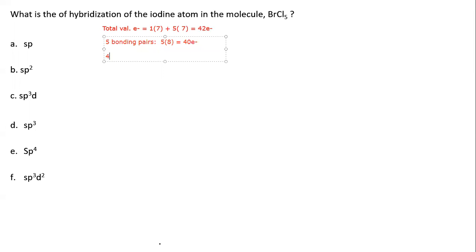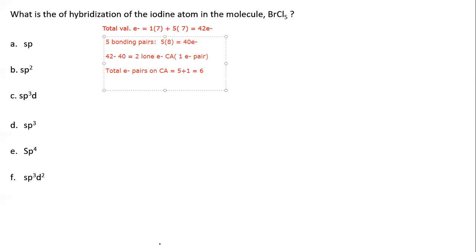So we have 42 minus 40. There's going to be 2 lone electrons on the central atom. So this is 1 electron pair. So total number of electron pairs on the central atom, 5 plus 1 equals 6.